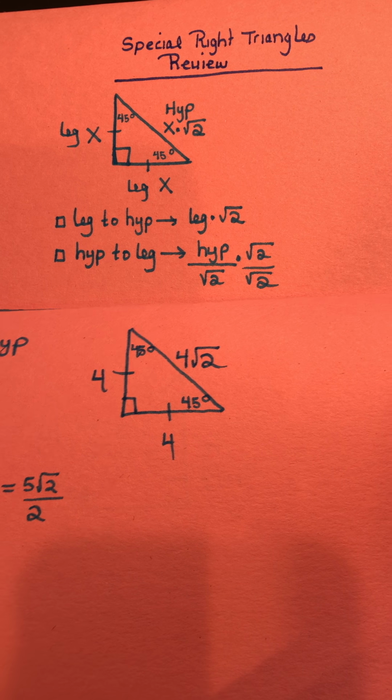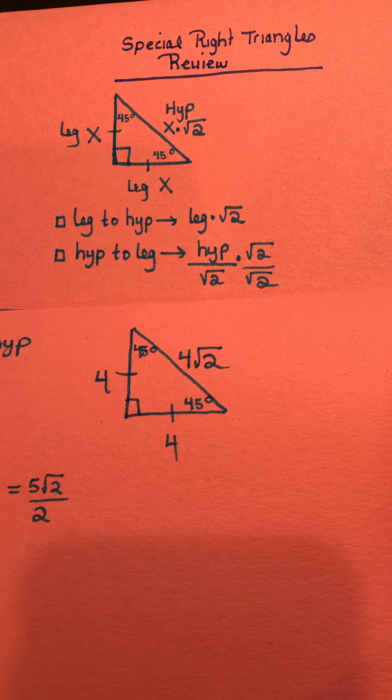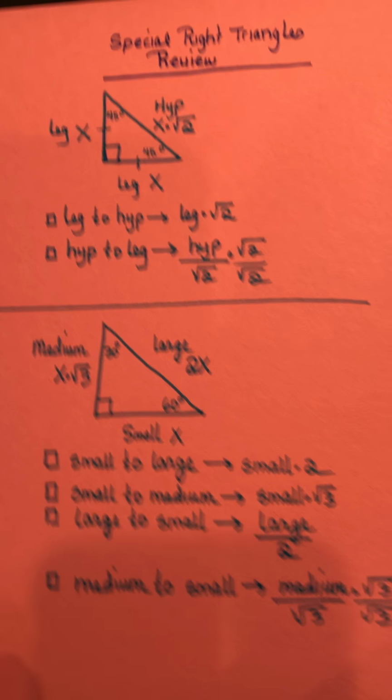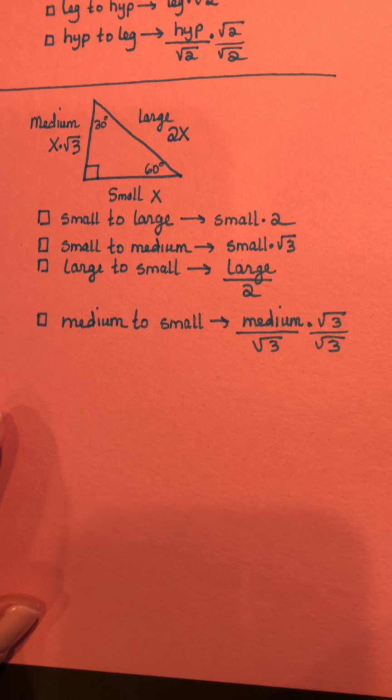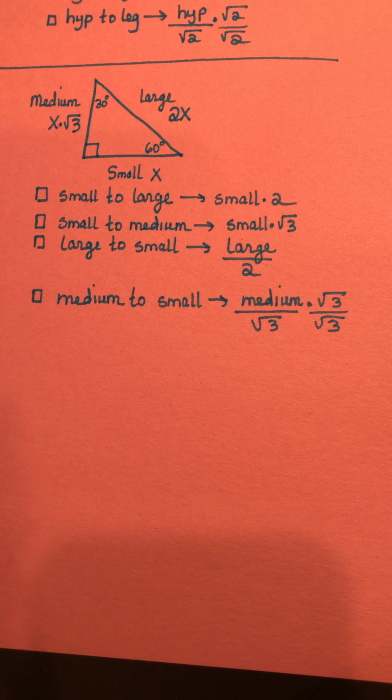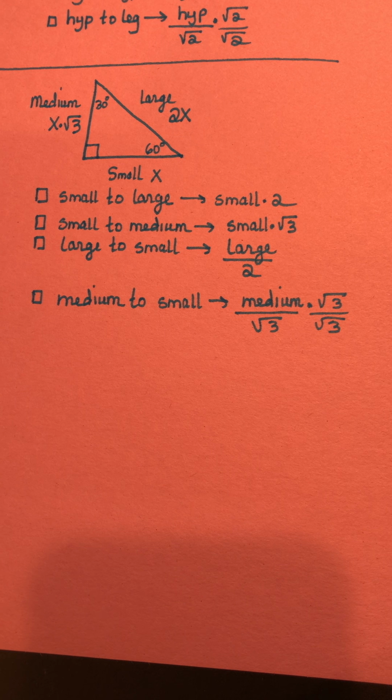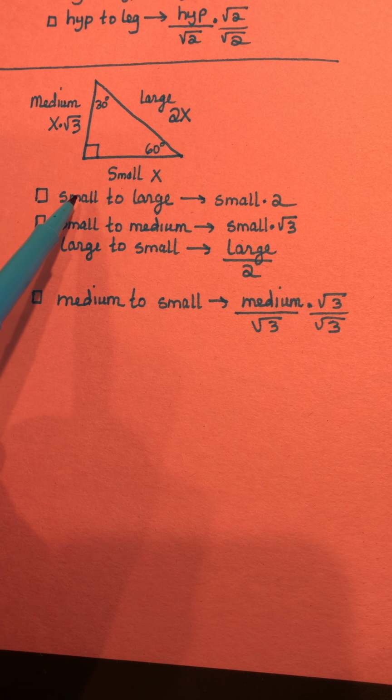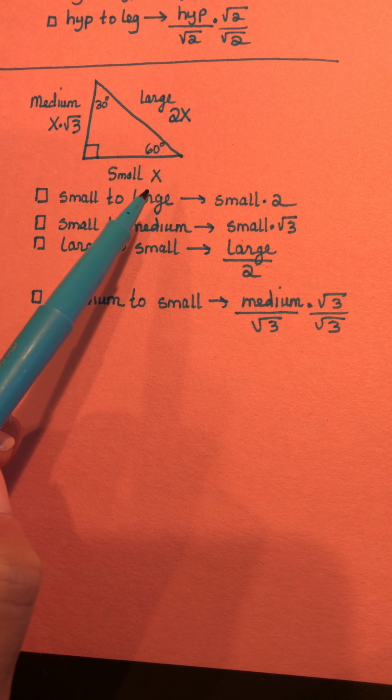Okay, now let's look at our 30, 60, 90 triangles. Okay, so let's scroll up a little bit here. In the 30, 60, 90, it's critical that you label your small, medium, and large side. That was the very first step. Going from small to large, I'm going up.